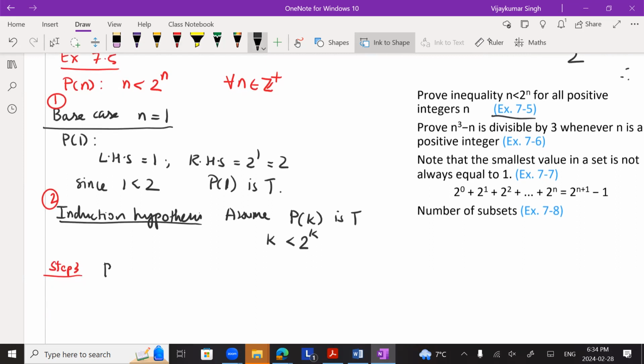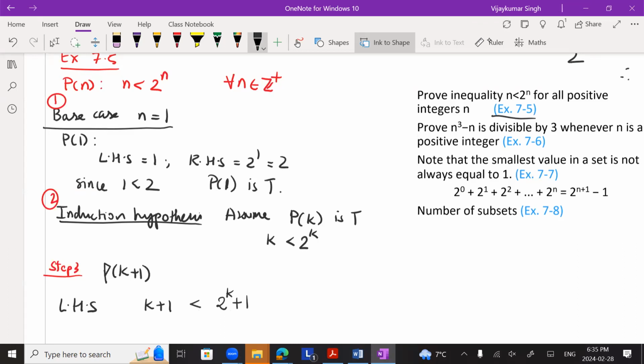So now let's look at P of k plus 1. How do we prove it? Let's talk about LHS. LHS is k plus 1. Now we already know that k is less than 2 to the power k, so this is going to be less than 2 to the power k plus 1. Do you agree?